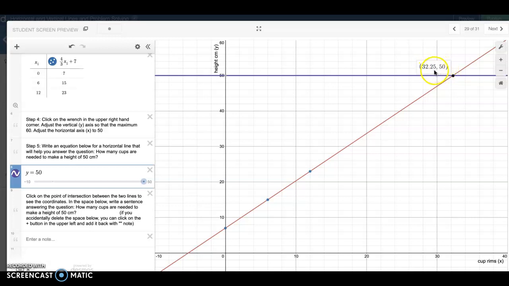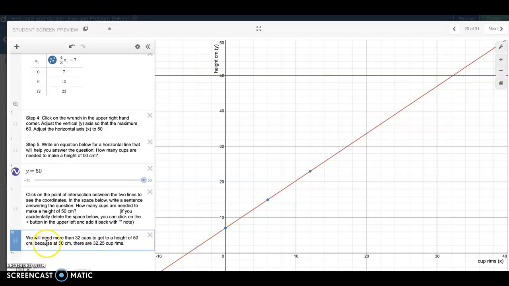And so this x value means the amount of cup rims that are needed. So I can say we will need more than 32 cups to get a height of 50 centimeters, because at 50 centimeters there are 32.25 cup rims, and we can tell by that point of intersection.